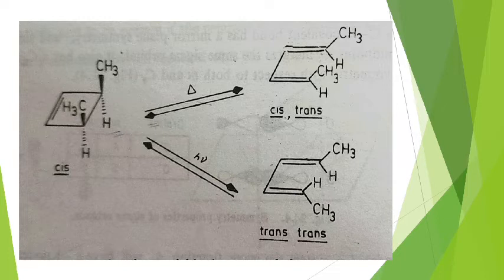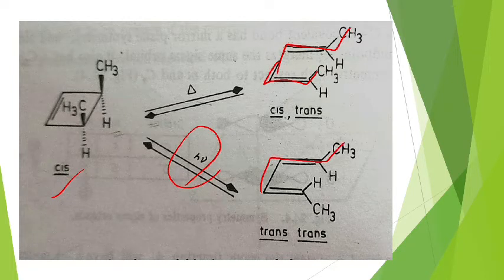Under thermal conditions, the cis dimethyl cyclobutene produces cis,trans-2,4-hexadiene, and the same reactant under photochemical conditions produces the trans,trans product.